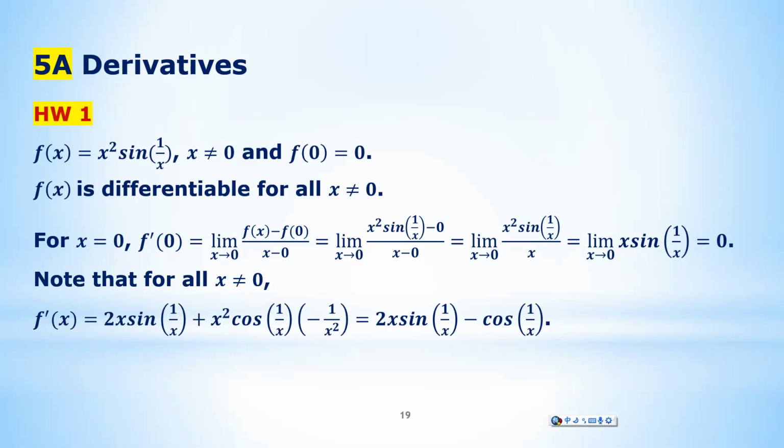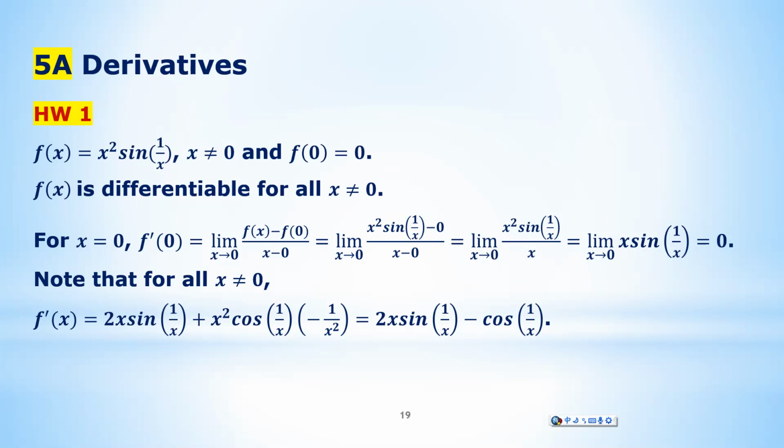Thinking about x away from 0, I have a nice formula. I can compute the derivative using the product rule and also the chain rule. So I can compute the derivative f prime by this formula: 2x times sine 1/x plus x squared times cosine 1/x times the derivative of 1/x, which is minus 1/x squared.